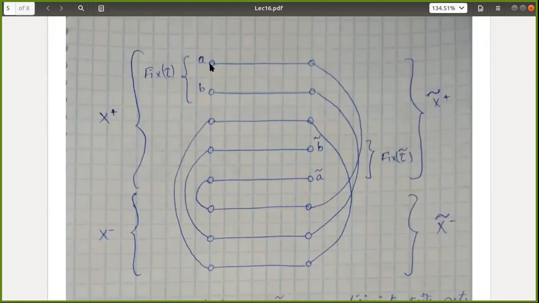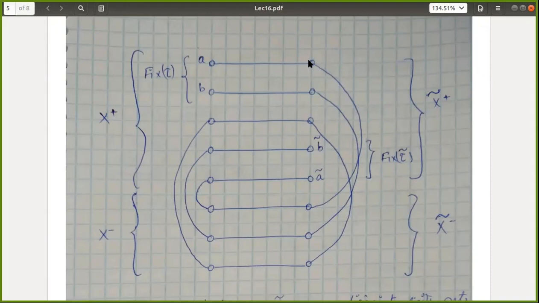So we were discussing what happens if you start with a fixed point. If I start with a fixed point, I come to something in x tilde plus for sure, because fixed points are elements in x plus. And since the function f, which is a sign preserving bijection, has to take elements of x plus to x tilde plus, these elements have to be part of x tilde plus.